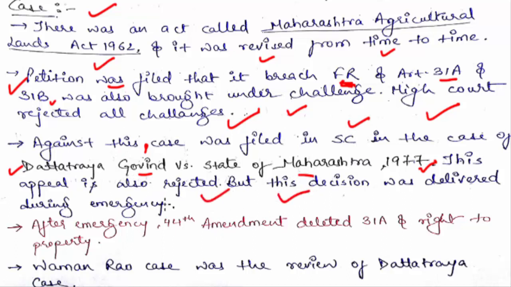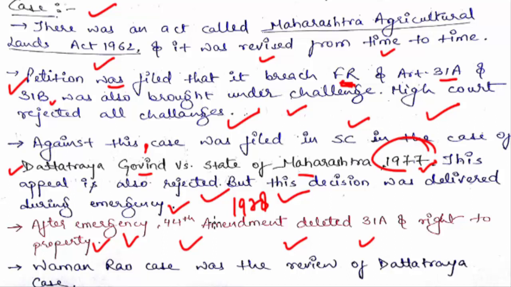But this decision was delivered during the Emergency. This particular time, 1977, was a time of Emergency, and the decision was delivered during the Emergency. After the Emergency, the 44th Amendment, brought in 1978, deleted Article 31A, and the right to property.